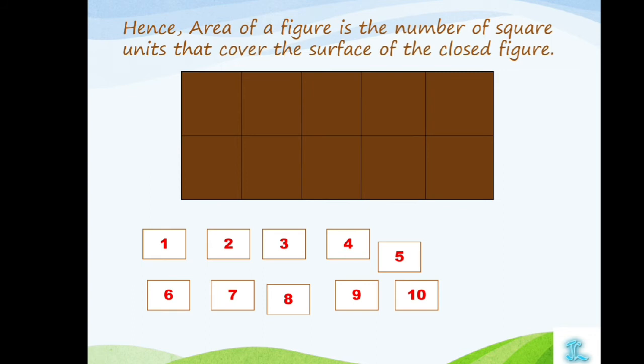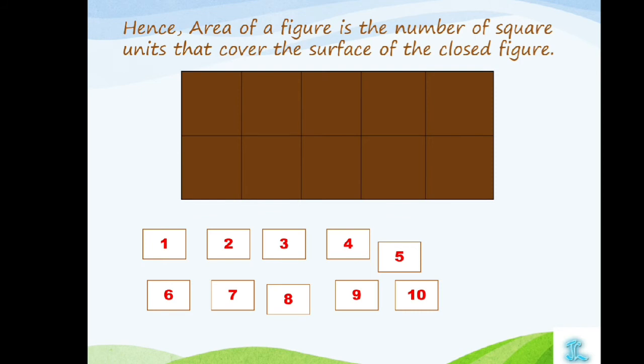Hence the area of a figure is the number of square units that cover the surface of the closed figure. So always the figure should be a closed figure, and in that we have to find out how many squares there are, and each square is equal to 1 square unit, and we add them. Now let's count this one.